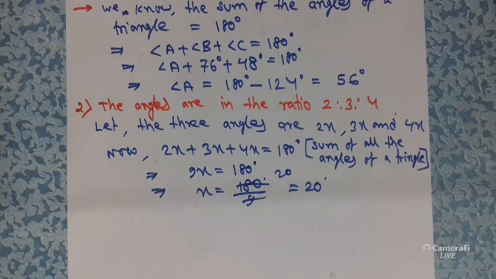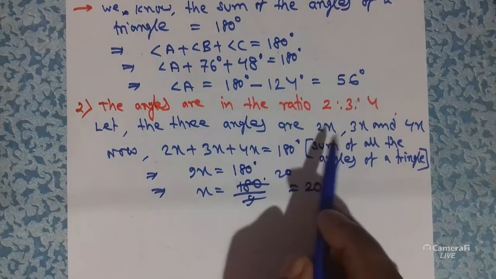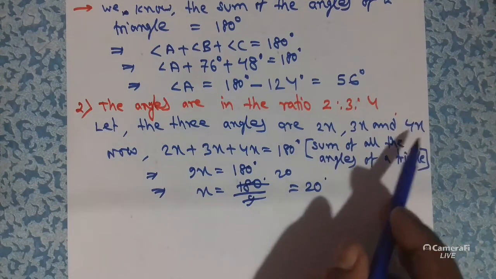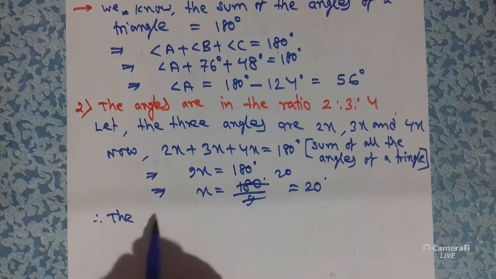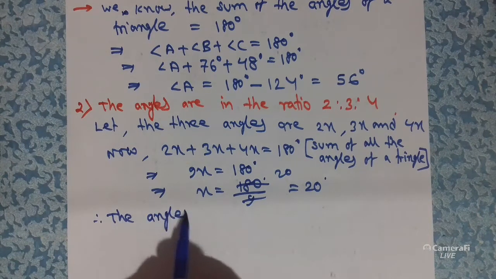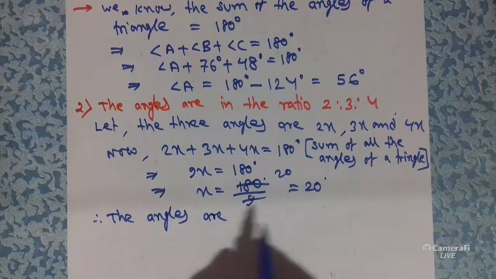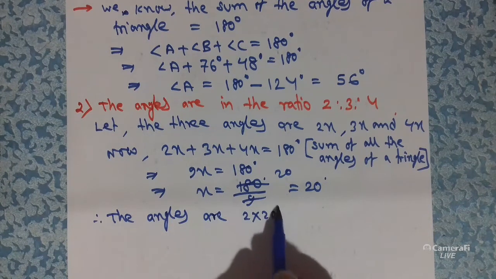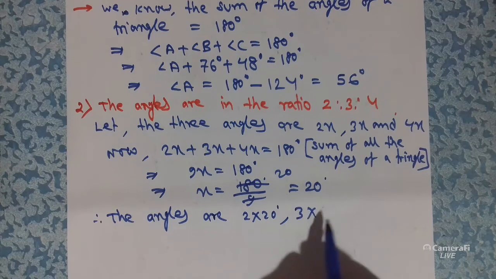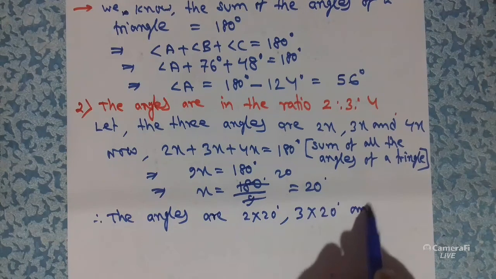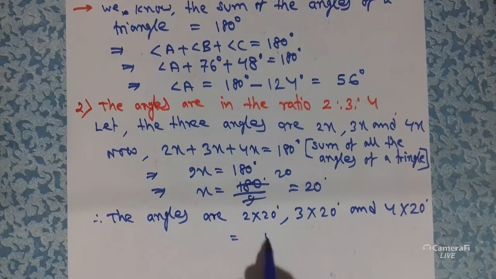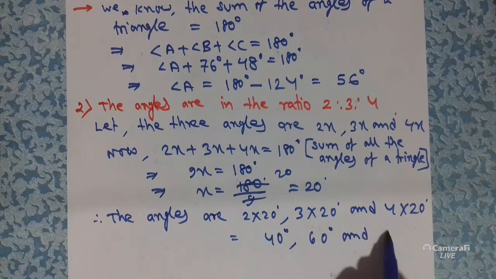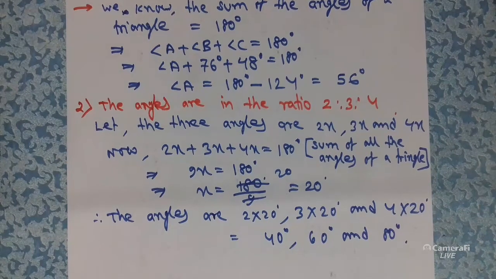The value of x is 20, but the angles are 2x, 3x and 4x, so we have to put the value of x. Therefore 2x means 2 into 20, 3x means 3 into 20 and 4x means 4 into 20. So the angles are 40 degrees, 60 degrees and 80 degrees.